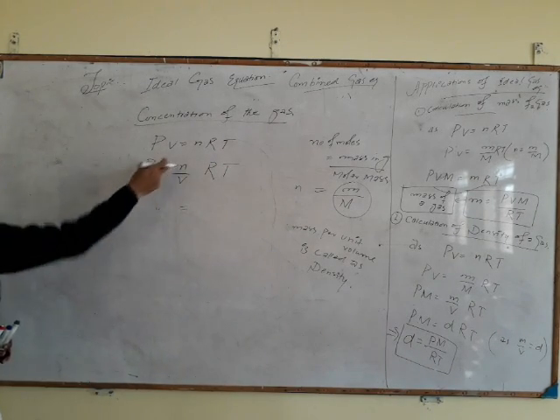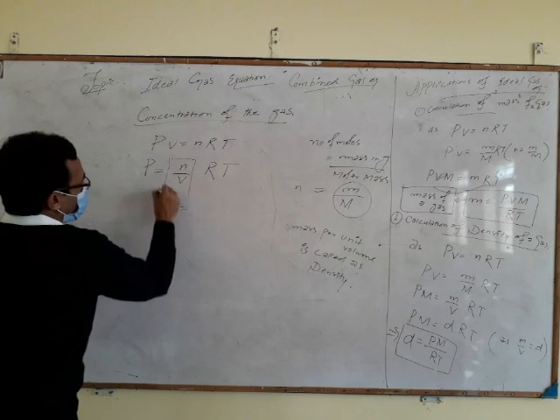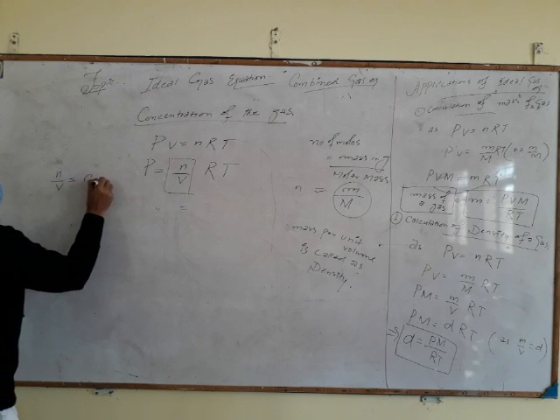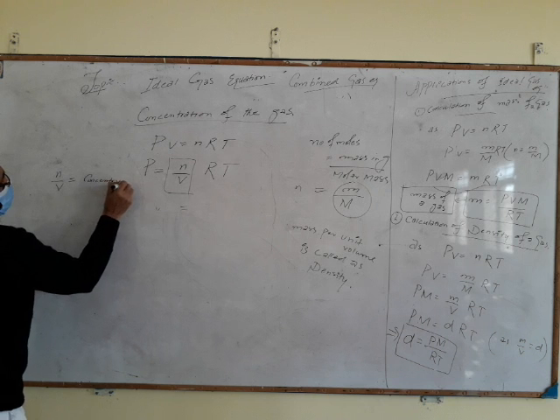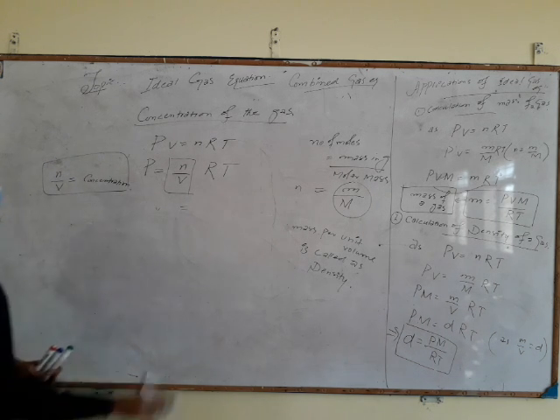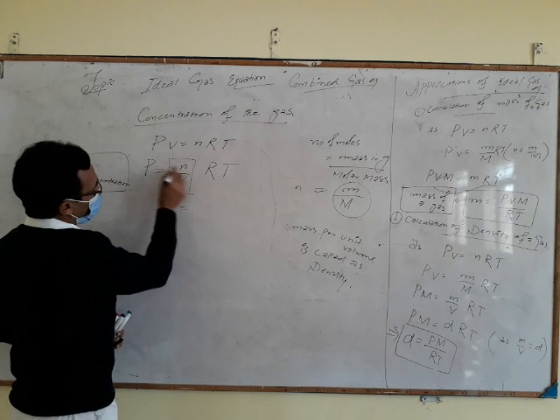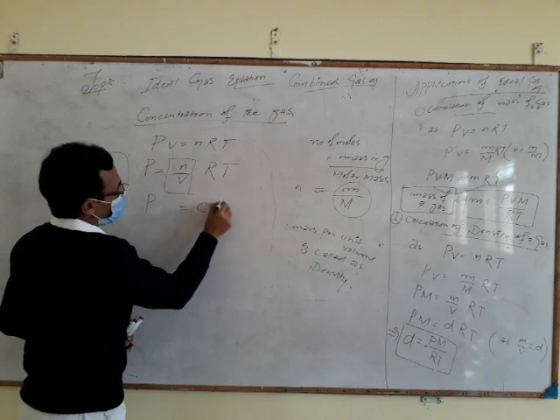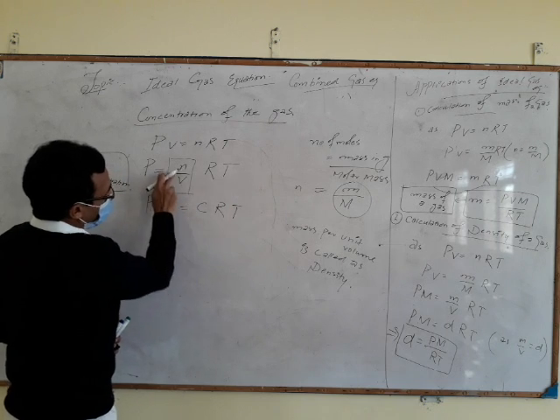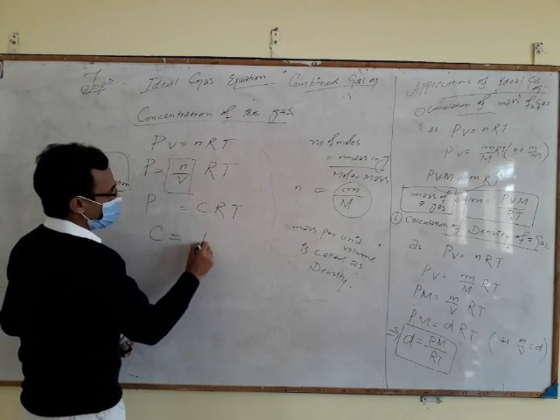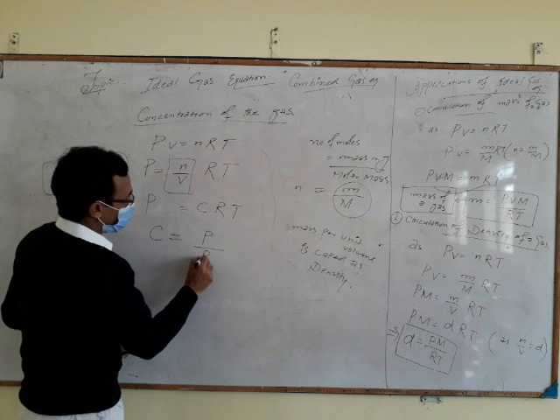Now we know that n by V is equal to concentration, the number of moles of gas in unit volume. So P is equal to CRT, because n by V is equal to C. Now on rearrangement, C is equal to P by RT.